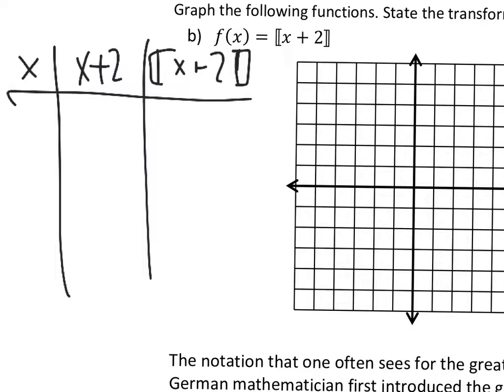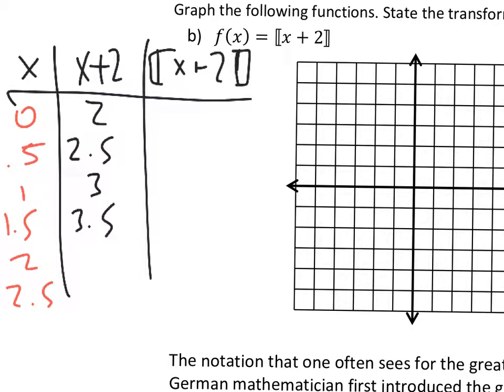So I'm going to pick some more values for x, and again, I want some decimals, so let's do 0, 0.5, 1, 1.5, 2, 2.5. If I'm just going to talk about what's inside that step function, and do x plus 2, I get 2, 2.5, 3, 3.5, 4, and 4.5.